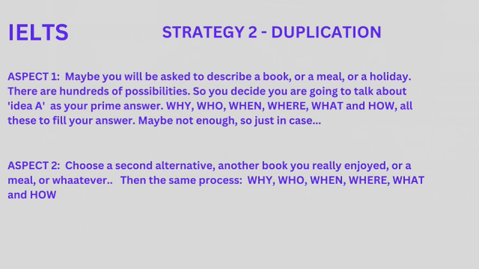So, for instance, if you're asked to describe, say, a book, a piece of art, a person, or a meal, or asked to describe anything, you can then think about, okay, I know a lot about this particular part of the question, but I don't know if I can talk for 2 minutes on it, so I will have another one that I can move to if I run out of things to say about my first option. And this is another very, very common strategy that works very, very well.